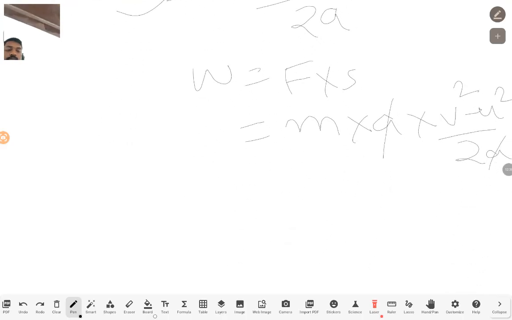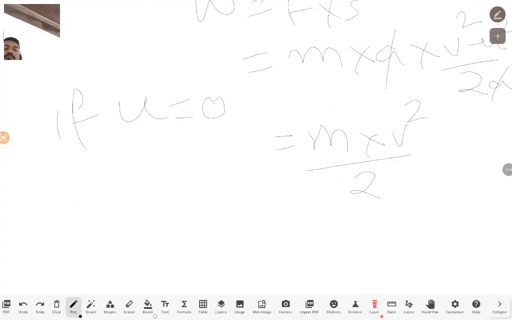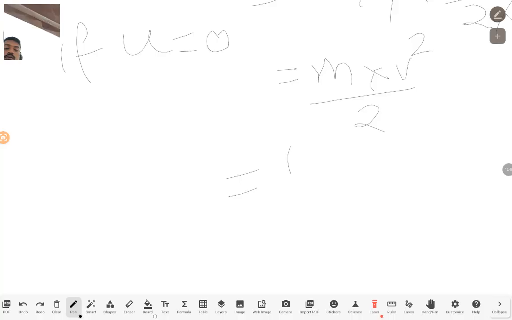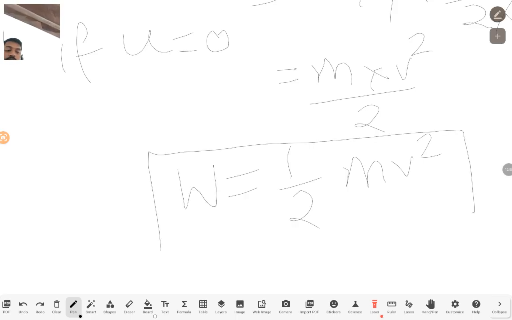Suppose if initial velocity is 0, then we can write m into v square by 2, or you can say half mv square. It is called the formula of the kinetic energy.